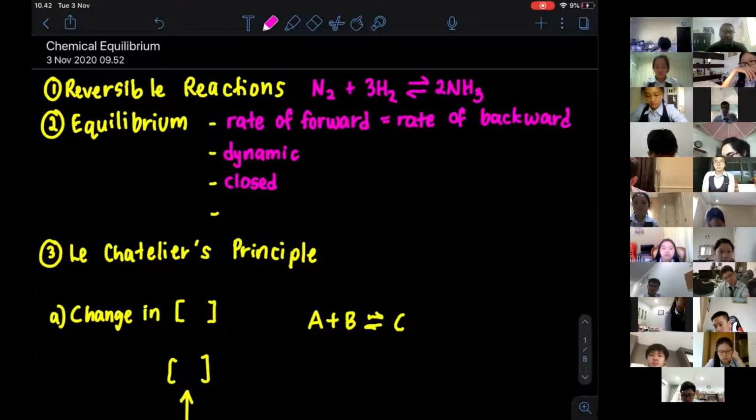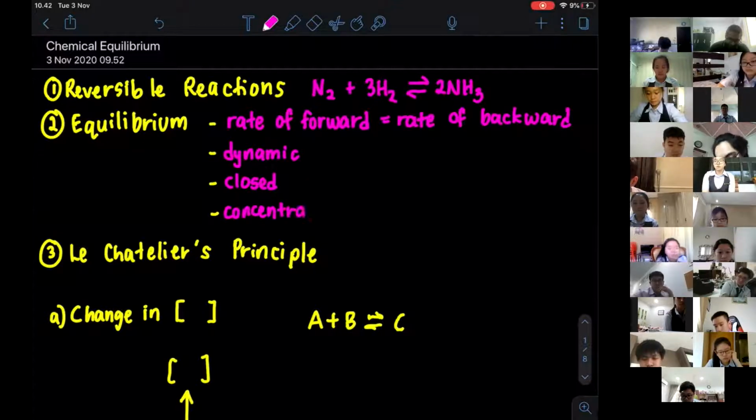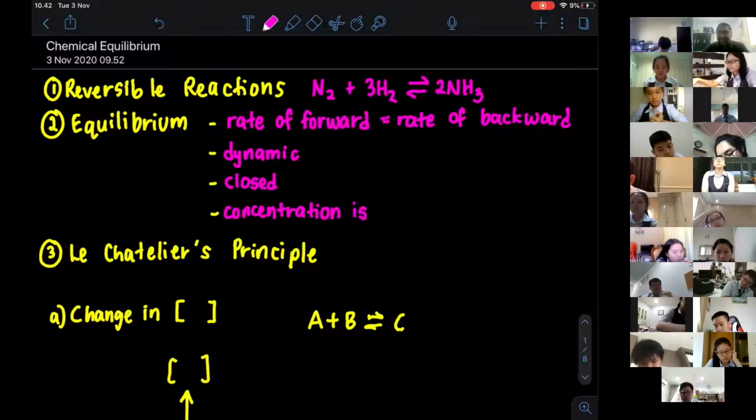So therefore, what can you say about the concentration, Kendra? Concentration of, let's say, reactant and product at equilibrium. What can you say? If the time is longer, the reactant becomes more. Basically, you don't revise, Kendra.